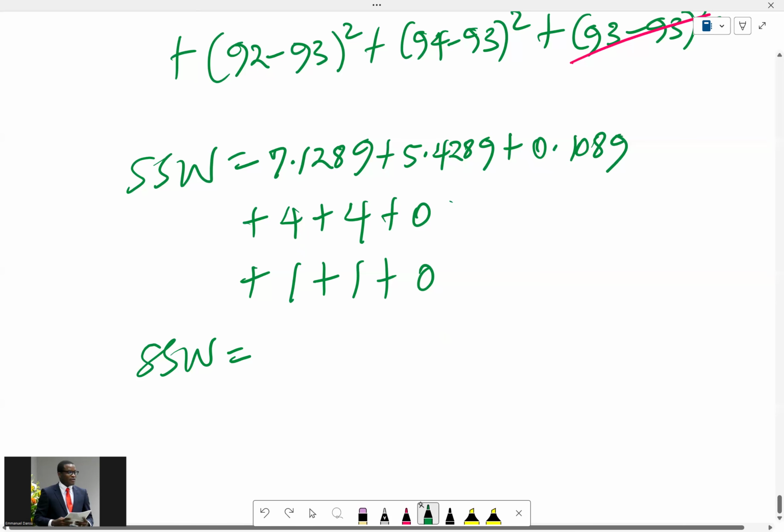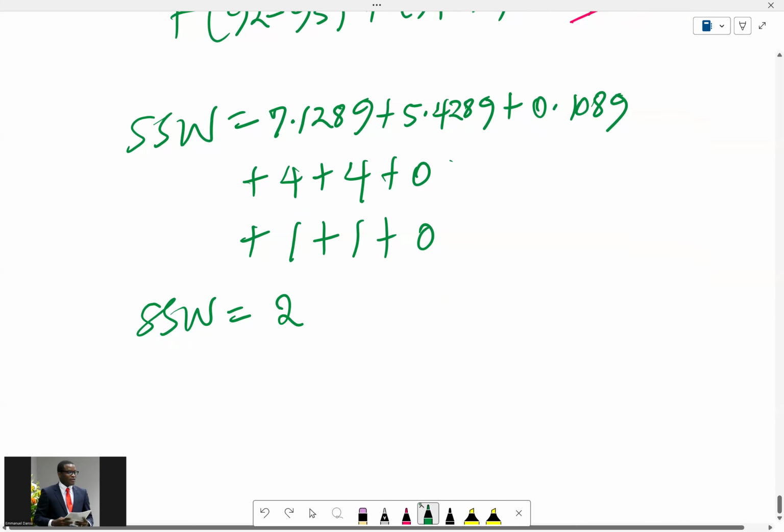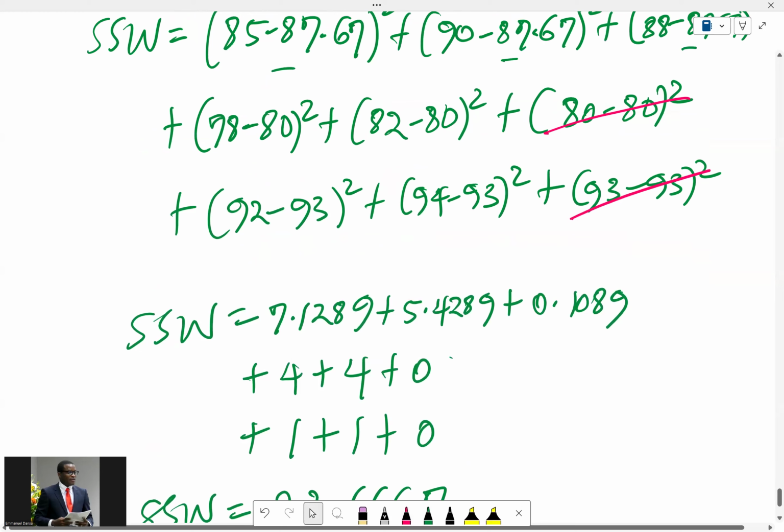So let's check again. 7.1289 plus 5.4289 plus 0.1089, plus 10. That is 22.6667. So now that is SSW again.